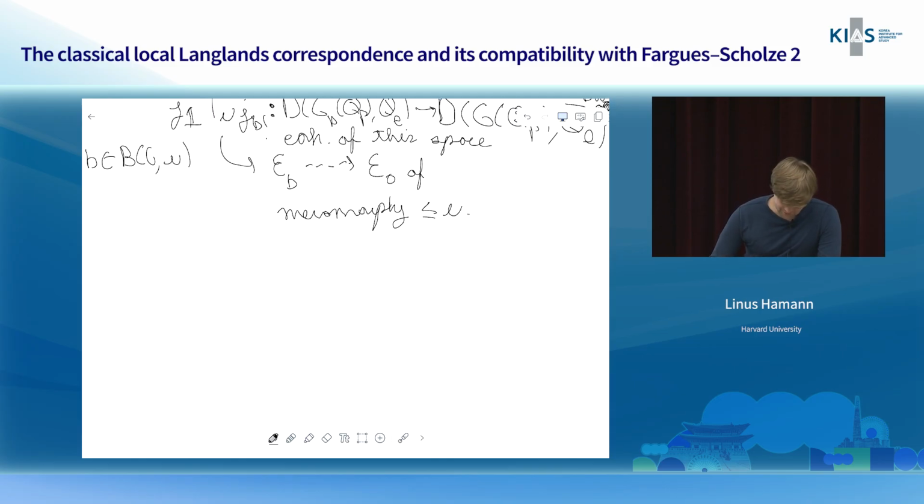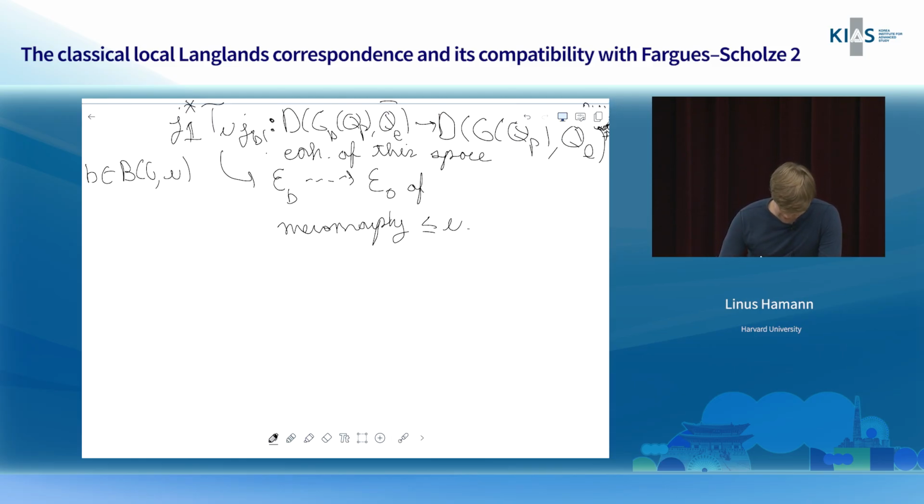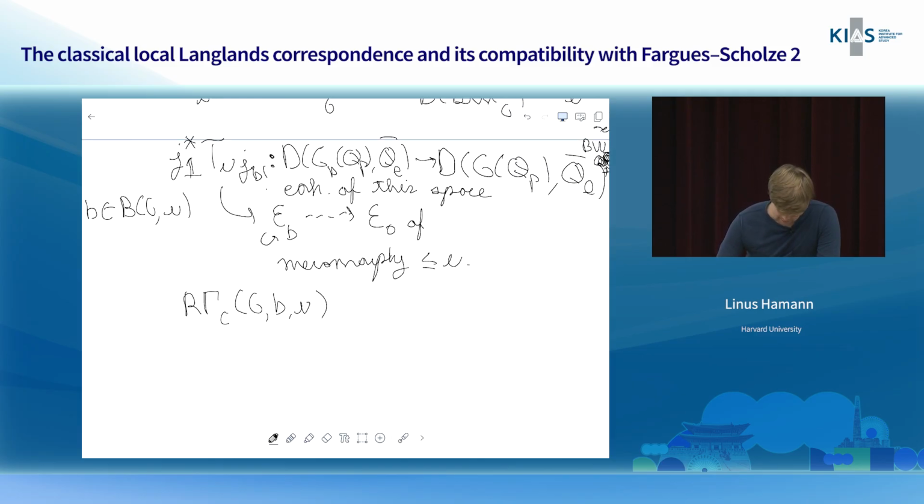So we have the following funny shorthand for this, which is that we write this as taking RΓ_c(G,B,mu) of some triple. So this is the cohomology of this kind of space. And this G_B(QP) is essentially coming through the action of automorphisms on these two groups.